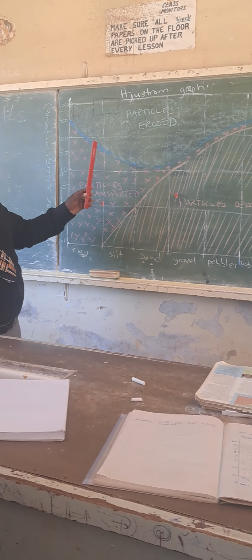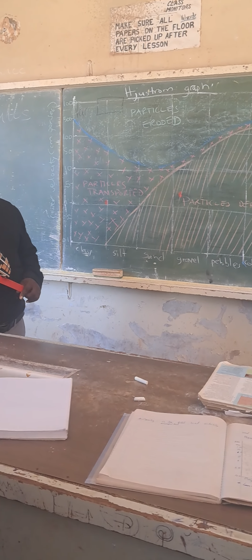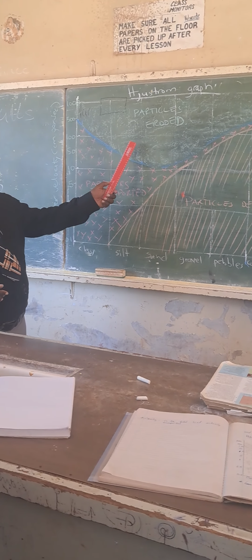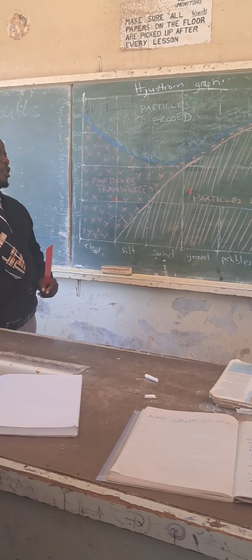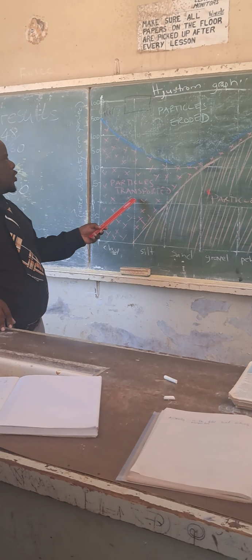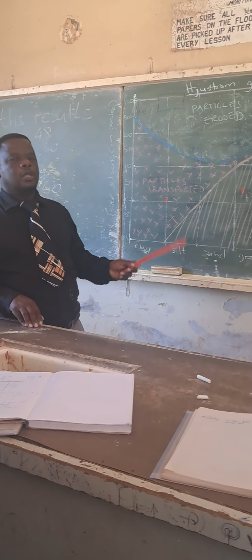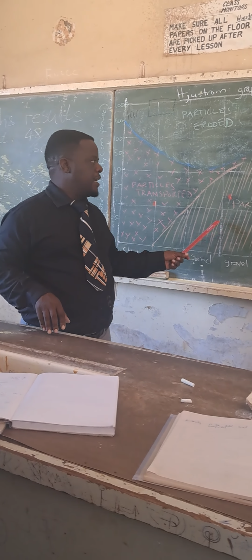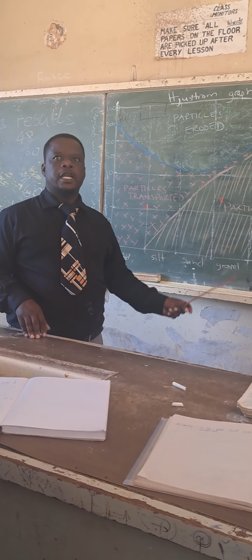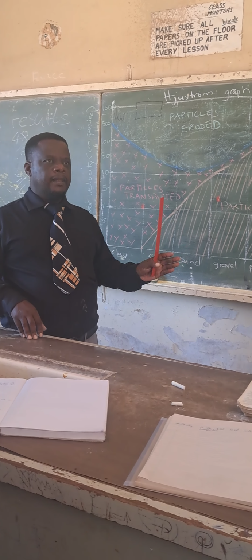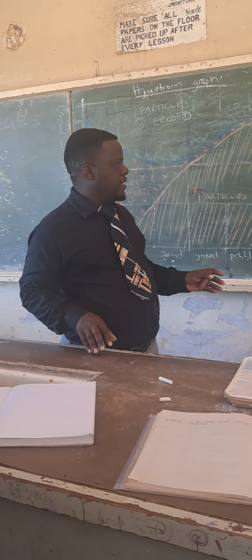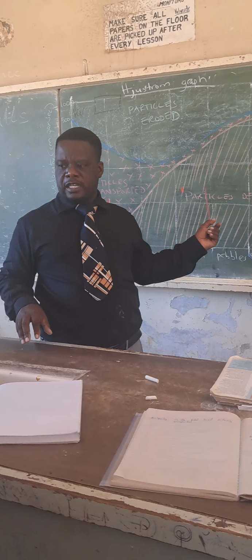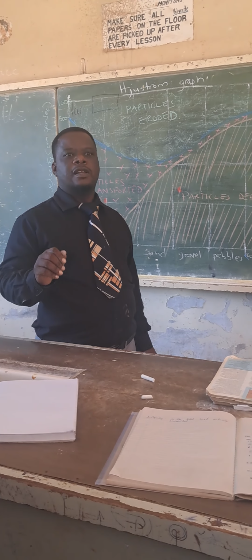Then, when discharge gets reduced, the rate at which the river erodes gets reduced. The rate at which the river transports its load also gets reduced, but the rate of deposition is enhanced. That is a conclusive statement that each one of you must put when you attempt this question.